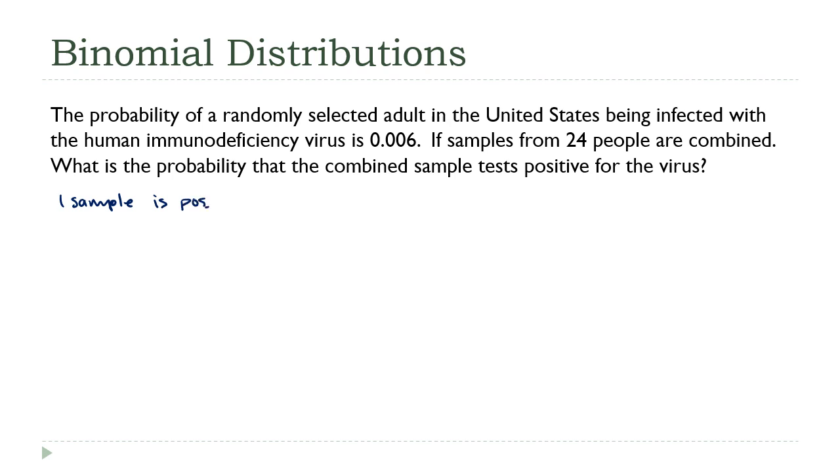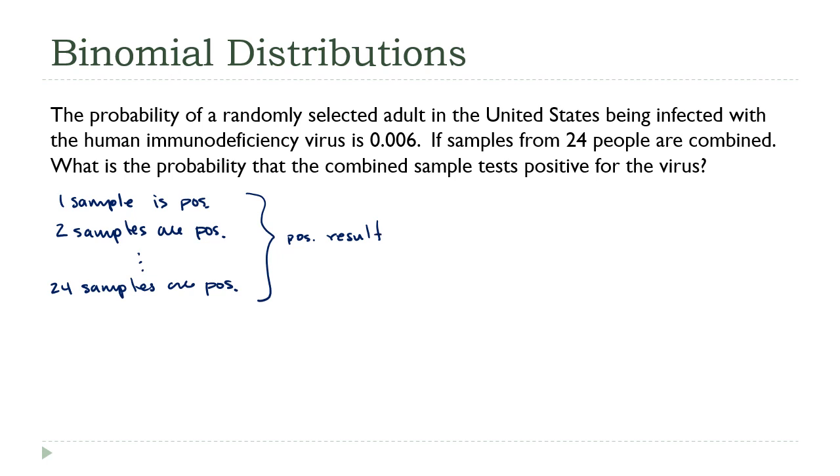It will test positive if two samples are positive, and so on, down to, we're doing 24, so down to all 24 samples are positive. All 24 of these will give us a positive result. So what's the probability I'm looking for?